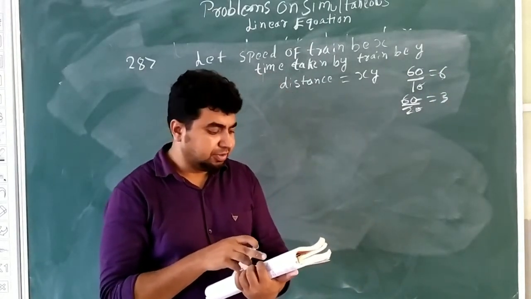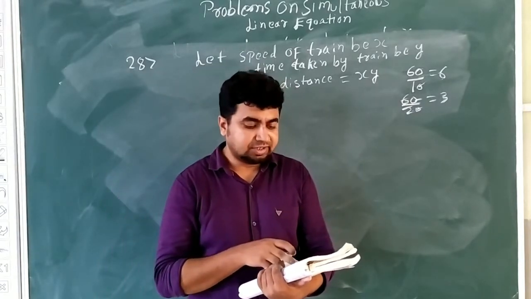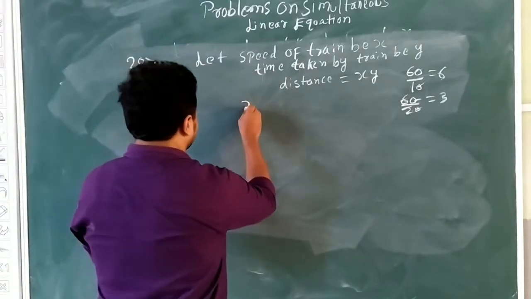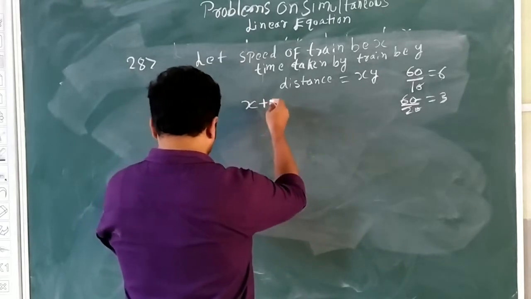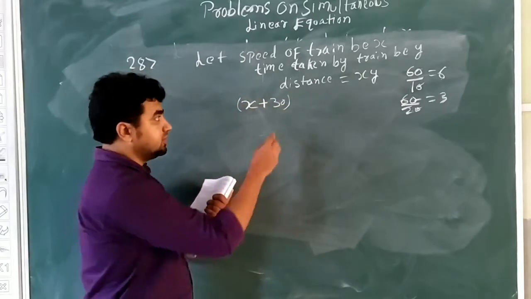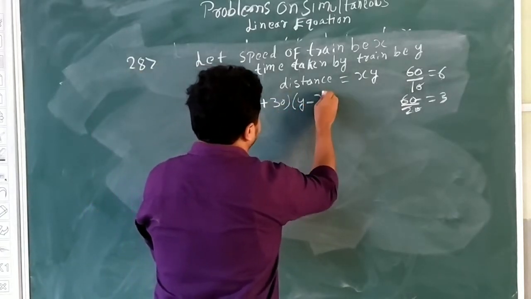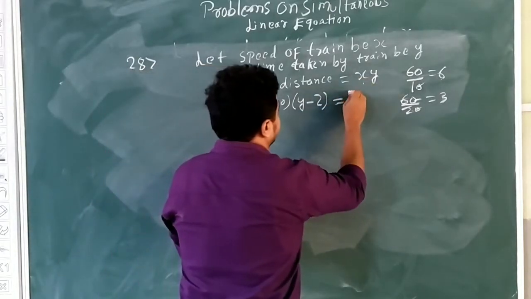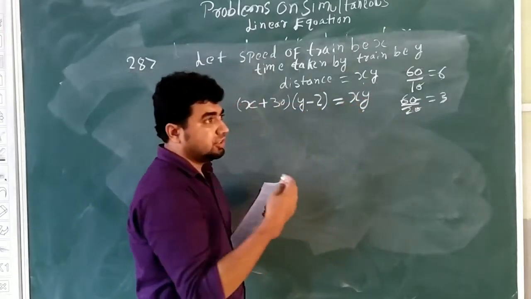If the train had been 30 kilometers per hour faster, it would have taken 2 hours less than the scheduled time. So if it is 30 kilometers faster, the speed is x plus 30, and the time taken should be less: the more the speed, the less the time. So 2 hours less, and it should equal the original distance, because it adjusts in such a way that it gives the distance only.